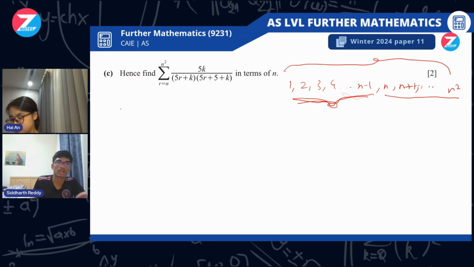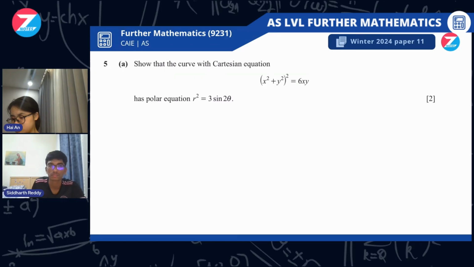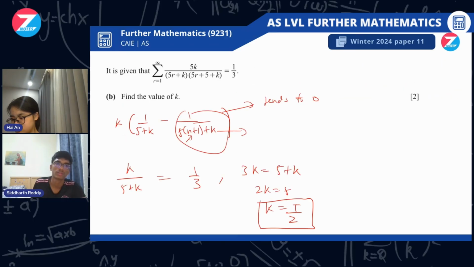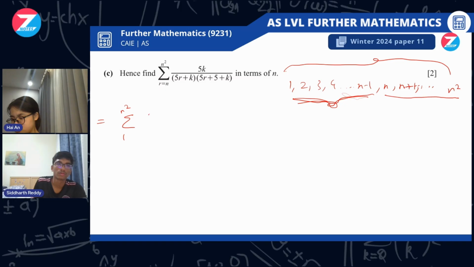So we can write this as the sum from 1 to n square of the fraction, in split form, minus the sum from 1 to n minus 1. So we'll just directly substitute the values.